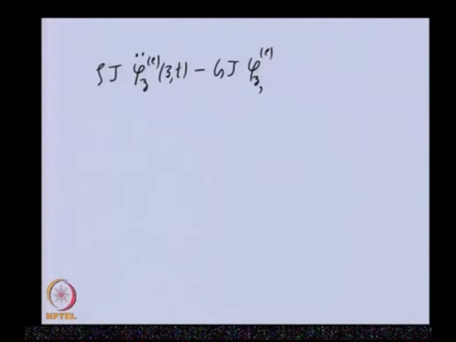I am representing the double derivative with respect to z as comma double z. So phi comma z is the same as the derivative, like this. This representation is more compact, so I am using it, and this phi is a function of z and t.